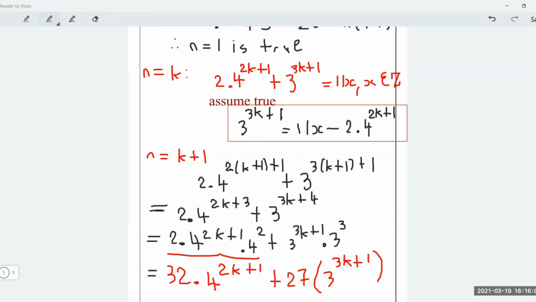Now we can substitute 3 to the 3k plus 1 as 11x minus 2 times 4 to the 2k plus 1.